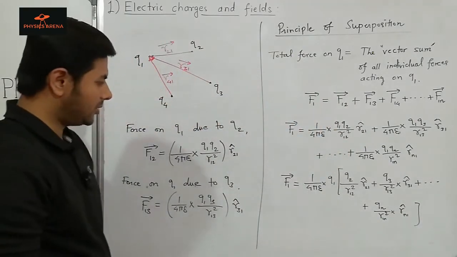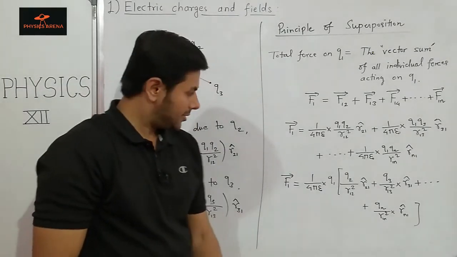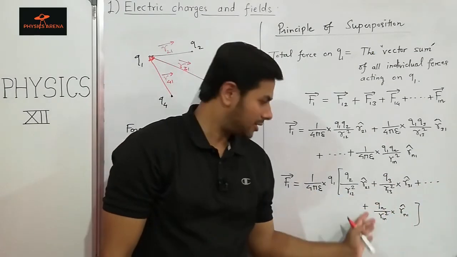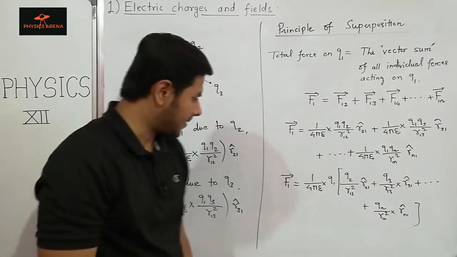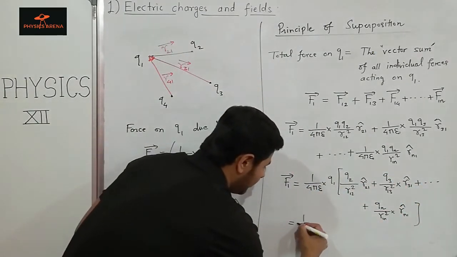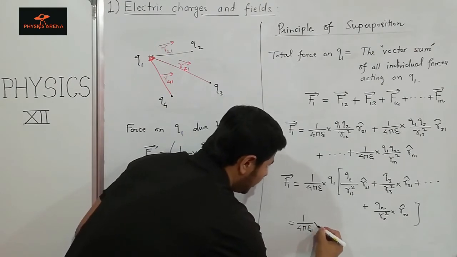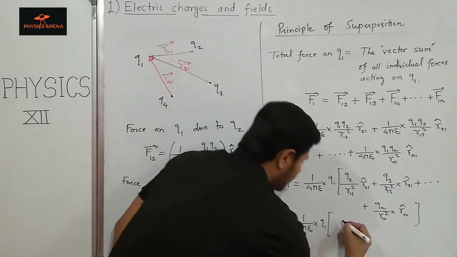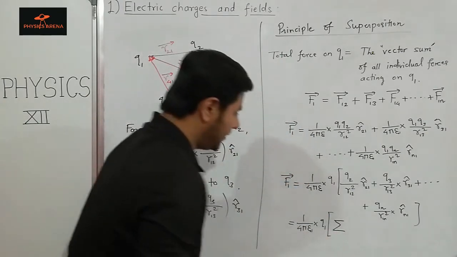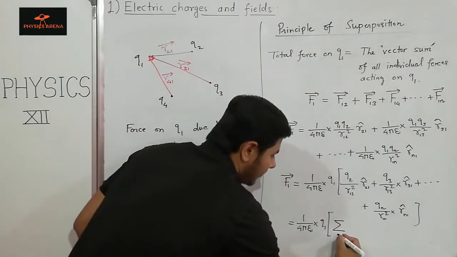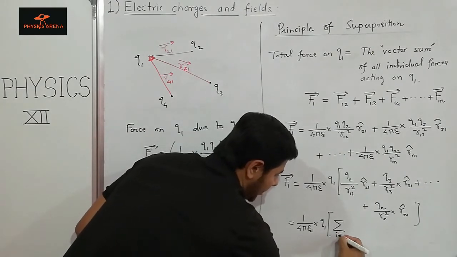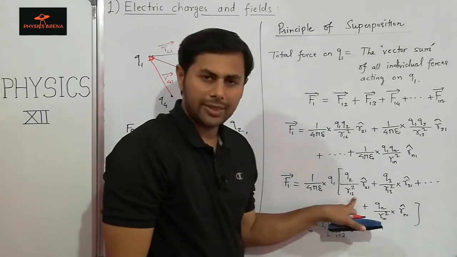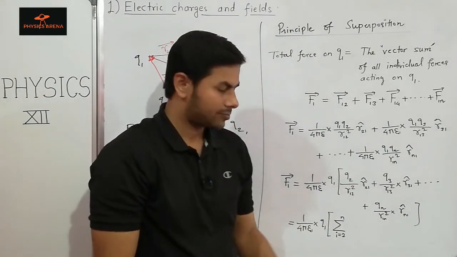So this is the total force, and we can use a summation sign to write down these terms inside the bracket. So this is equal to 1 over 4 pi epsilon naught multiplied by Q1 summation, let's take i equals 2 to n, I am taking from this index.